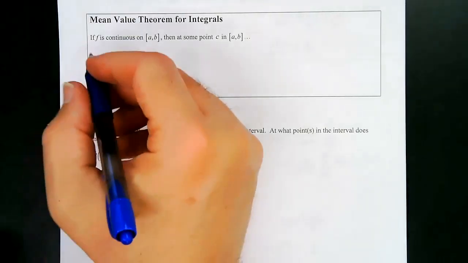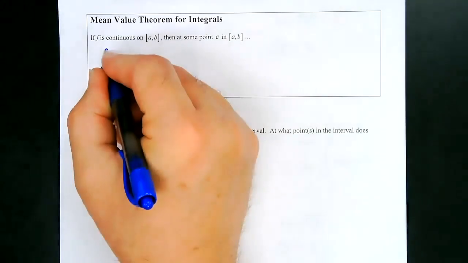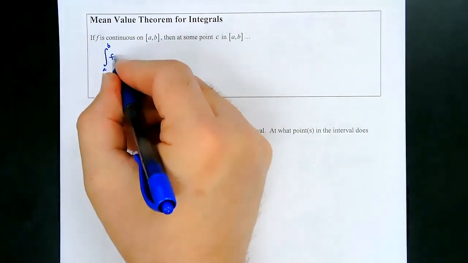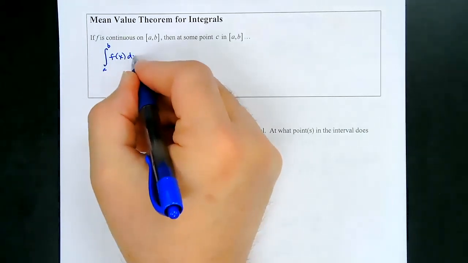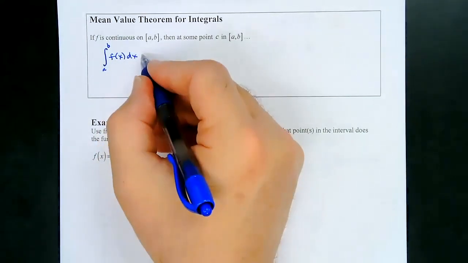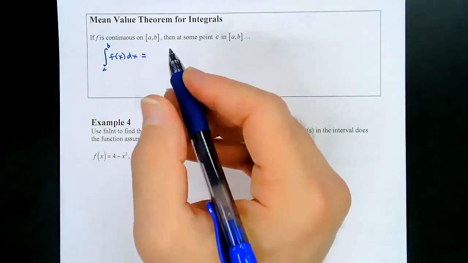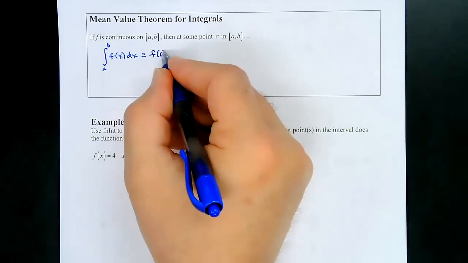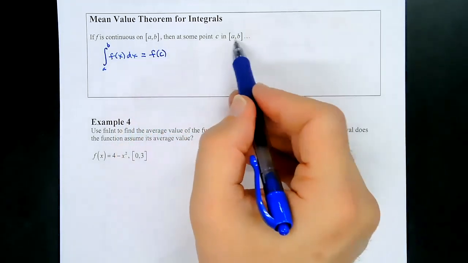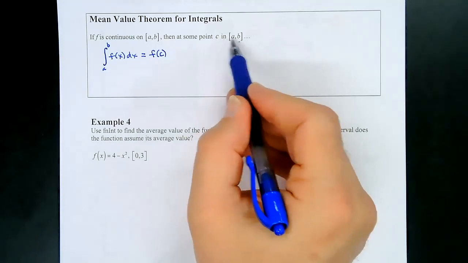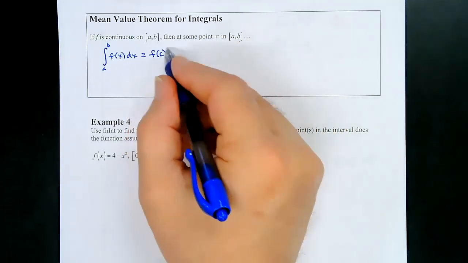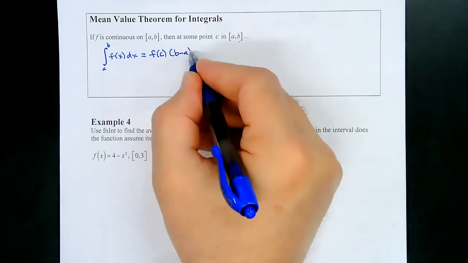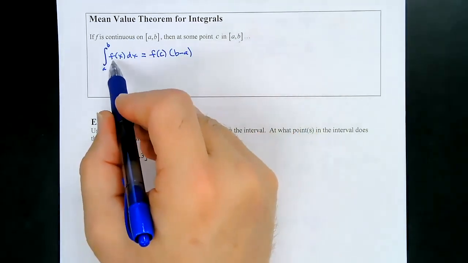So from what we saw, if we have the integral from A to B of f of x dx, that's some area, right? And so that can be calculated by taking f of some c, where c is in between A and B. C is at some point between A and B. That height, whatever that height might be, times B minus A would be the same as this integral.